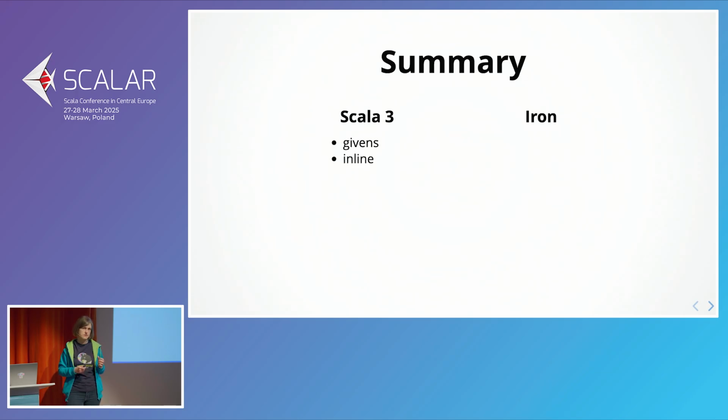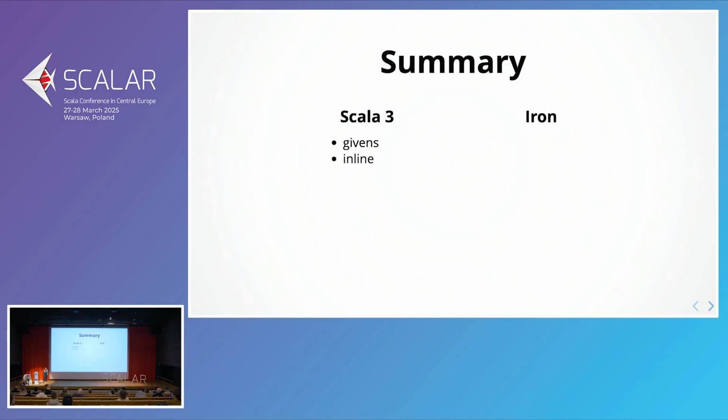We have seen the inline keyword, which lets Iron do its stuff in compile time without the macros. We have seen the union types, and similarly, there are intersection types, so we can say that something is both of this type and of the other type. And the enums, which can be as simple or as sophisticated as you want.